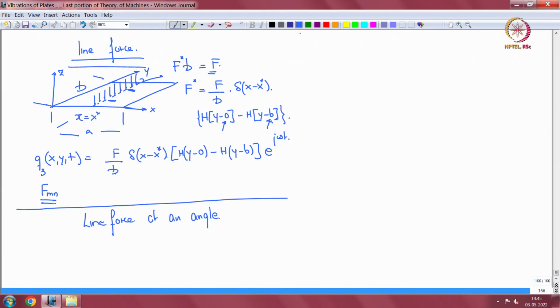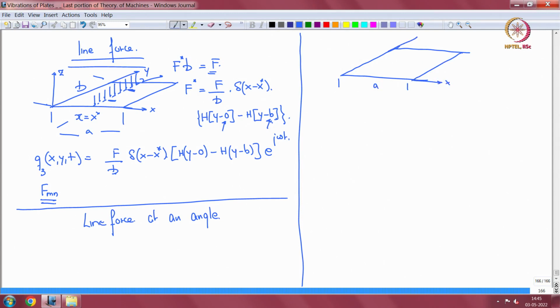So, how does it look? We have this plate, X, Y, Z, this is B, and the force is now at an angle.